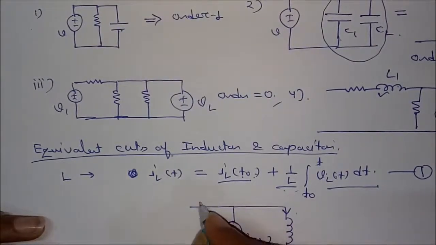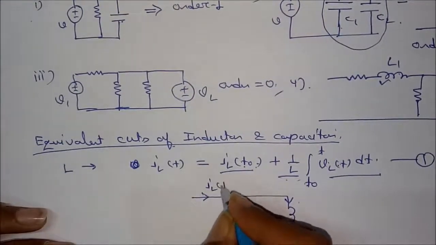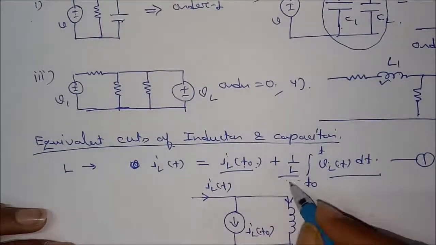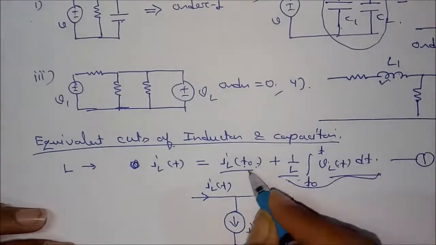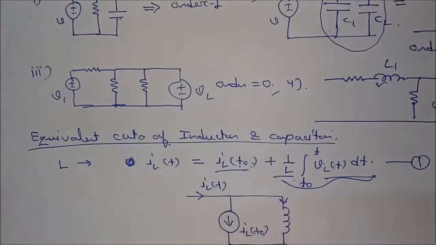This is i_L(t). The total current flowing in the inductor is equal to i_L(t). This current is represented by this source, and this current is represented by the inductor. This is the time domain equivalent circuit of an inductor.